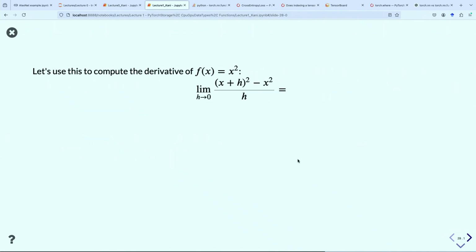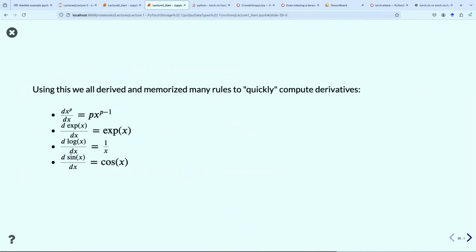So, for instance, the derivative of x squared is simply the slope between the point (x plus h) squared and the point x squared, over the distance between the x values of the two, which is h. And then we could do the math there. The limit as h goes to 0 is, of course, 2x.